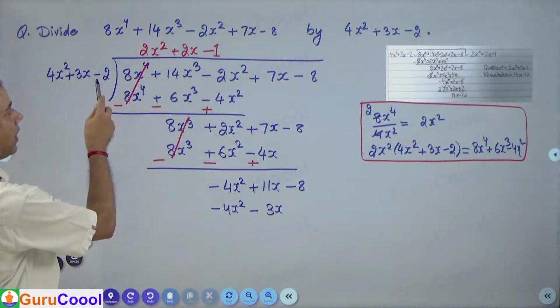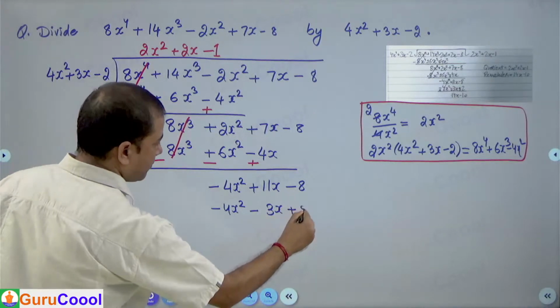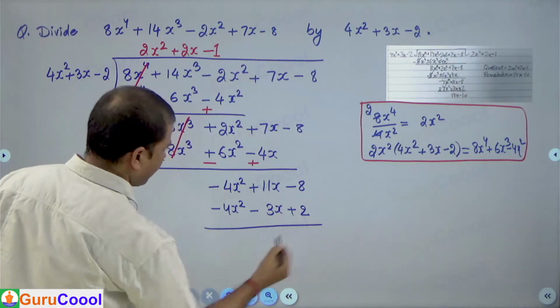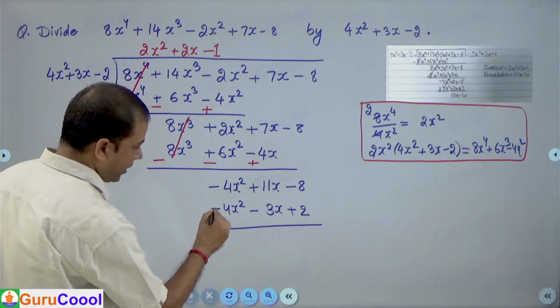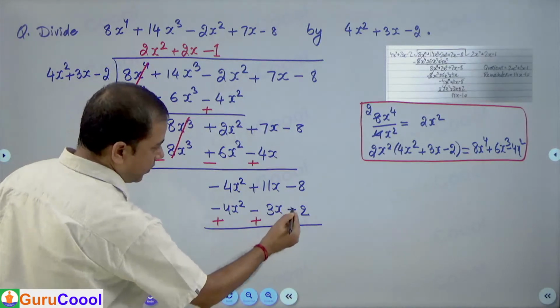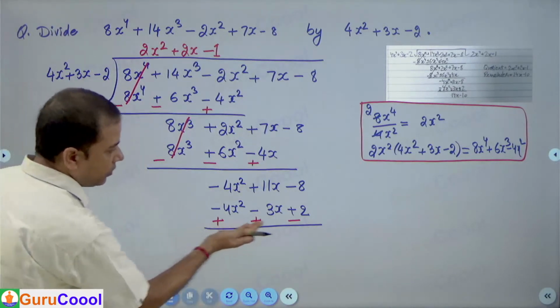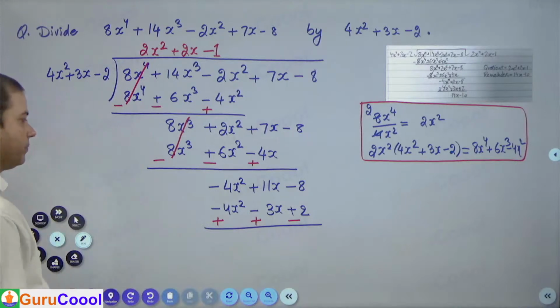Minus 1 into minus 2, plus 2. Sign change now. Negative becomes positive. Positive becomes negative. We always change the sign of the lower terms.